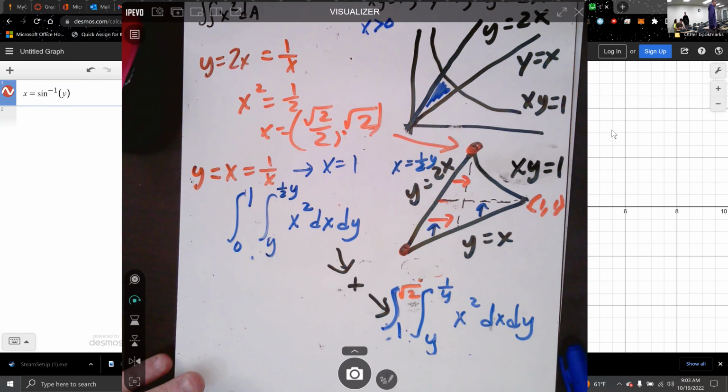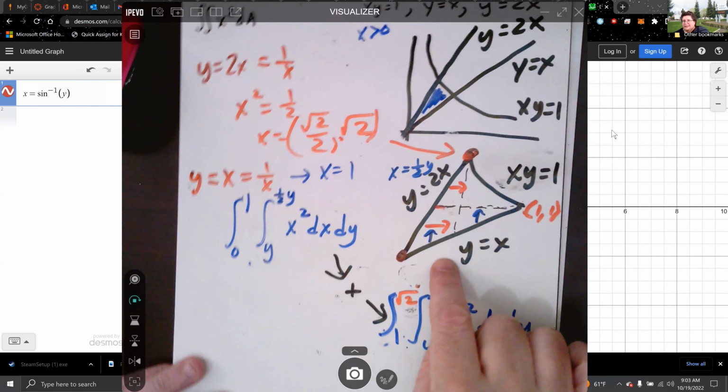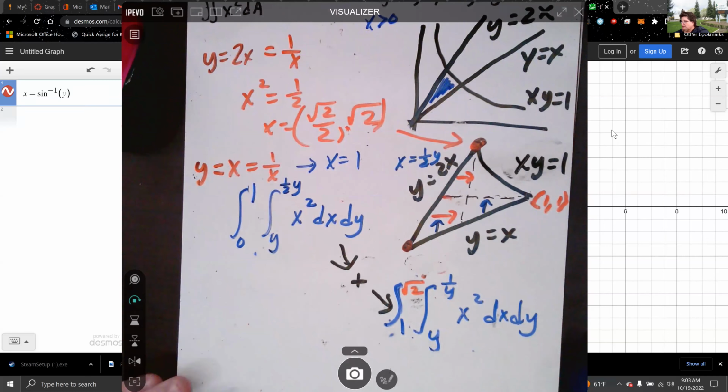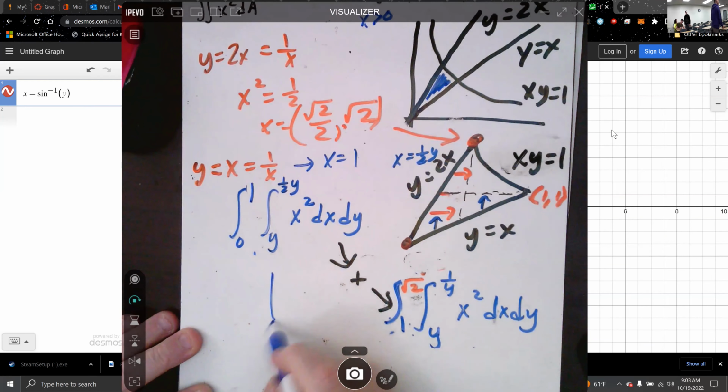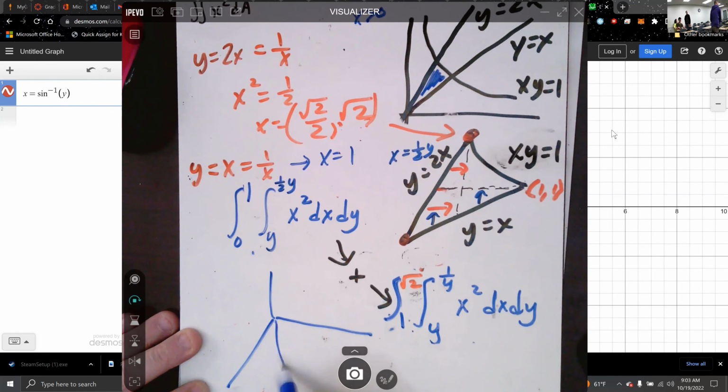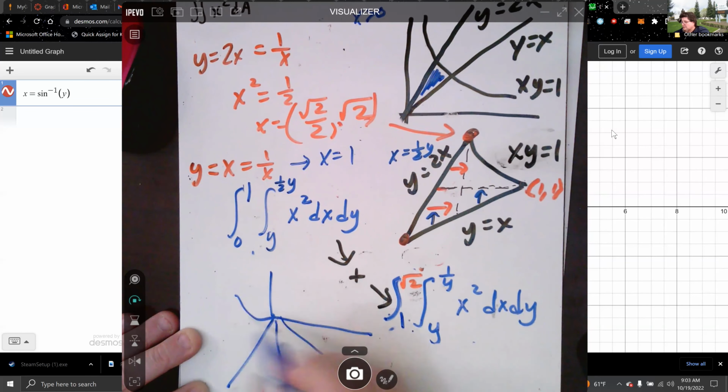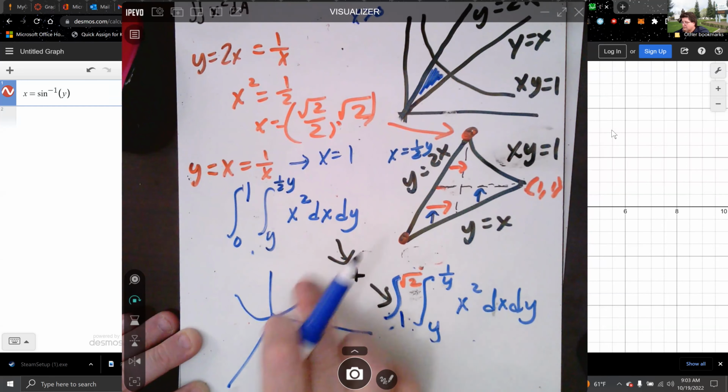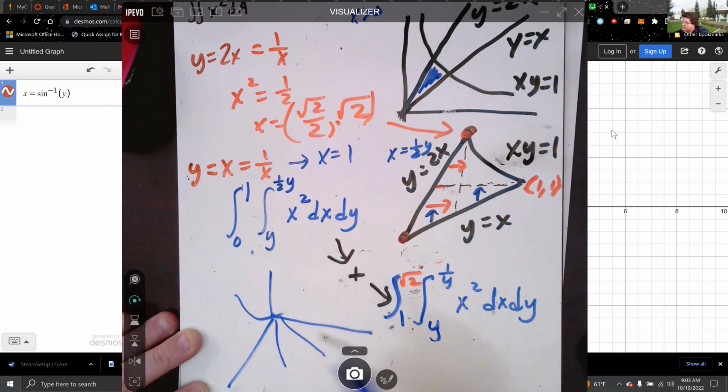You're just using different notation. But we're not doing the area of this. This is a volume problem since you have an x squared in the integral. But it's the same idea. That's what I'm not understanding: why is it a volume problem?